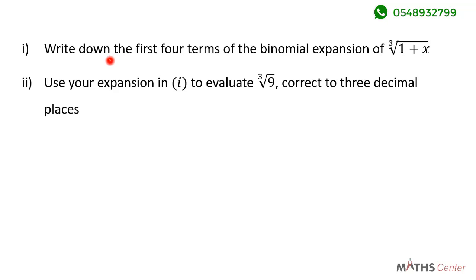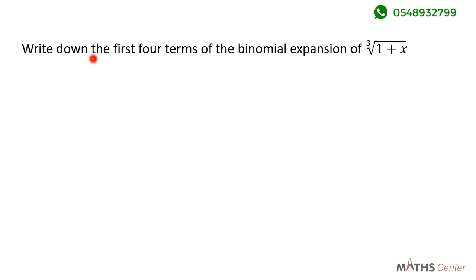The next question says that we should write down the first 4 terms of the binomial expansion of the cube root of 1 plus x. Then we are going to use the expansion in I to evaluate the cube root of 9 and correct our answer to 3 decimal places. Write down the first 4 terms of the binomial expansion of the cube root of 1 plus x.